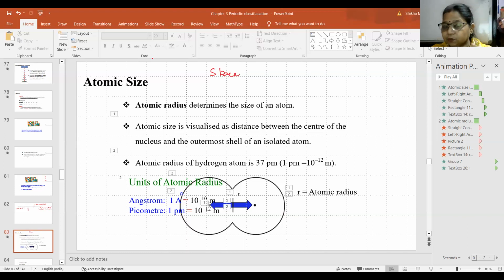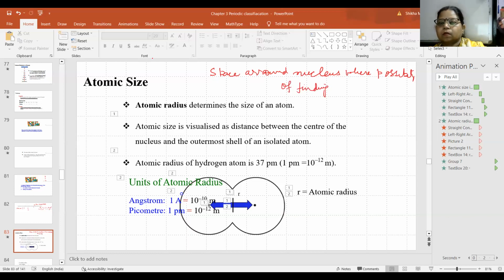Please remember again, it is very important. It is space around the nucleus where the possibility of finding an electron is maximum or highest. Have you heard about this definition or not?